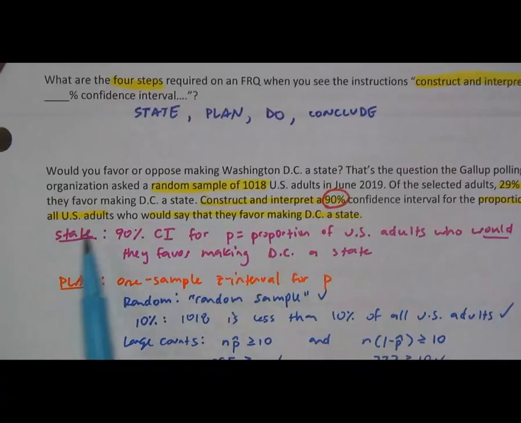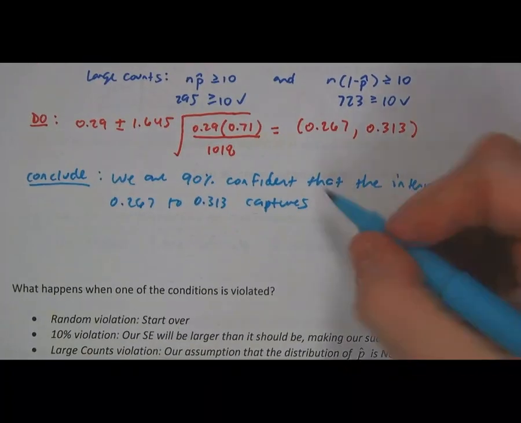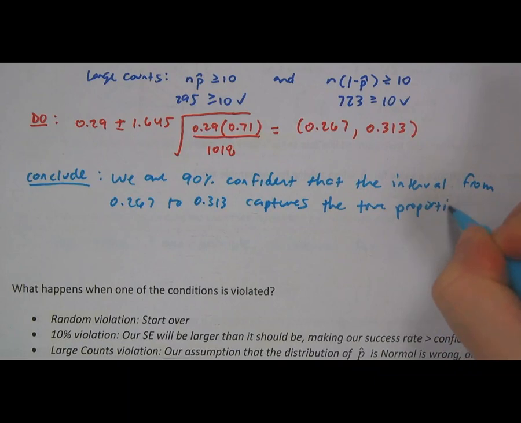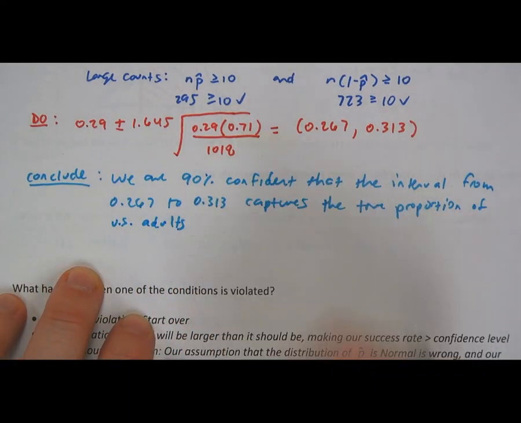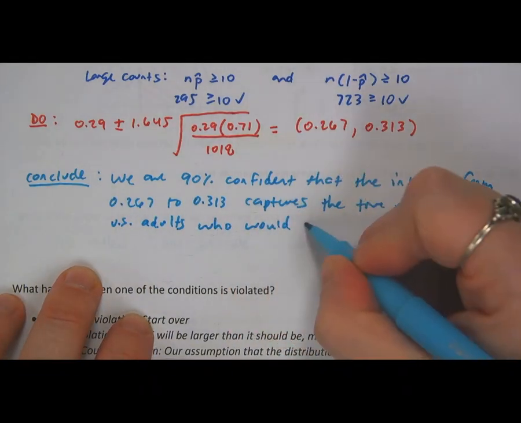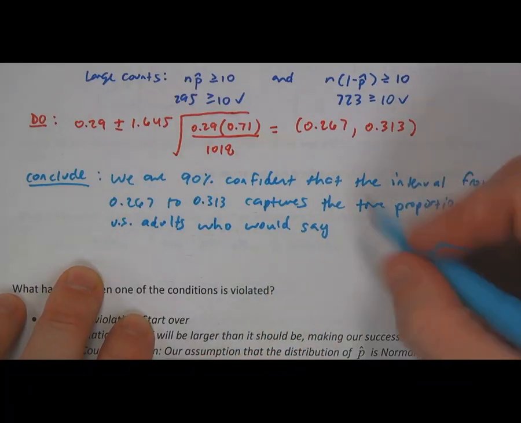The proportion of U.S. adults who would say that they favor making D.C. a state. Captures the true proportion of U.S. adults who would say, remember, that's really important, not who did say, but who would say that they favor making D.C. a state.